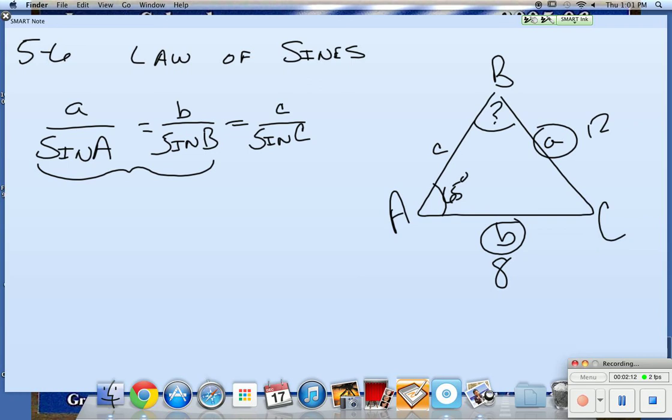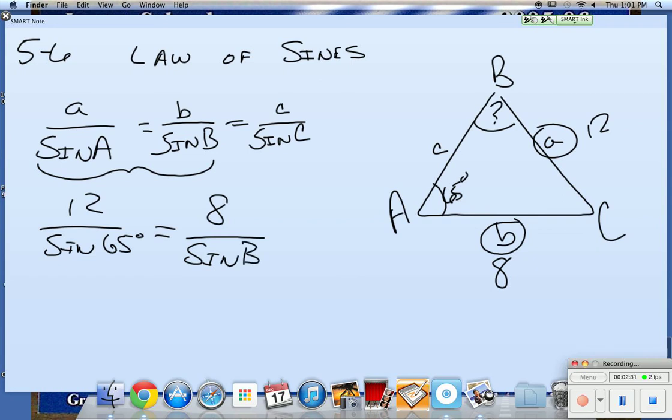My A is 12 over the sine of my angle, which is 65 degrees, and set that equal to my B, which is 8, over the sine of B. All I did was fill that in.